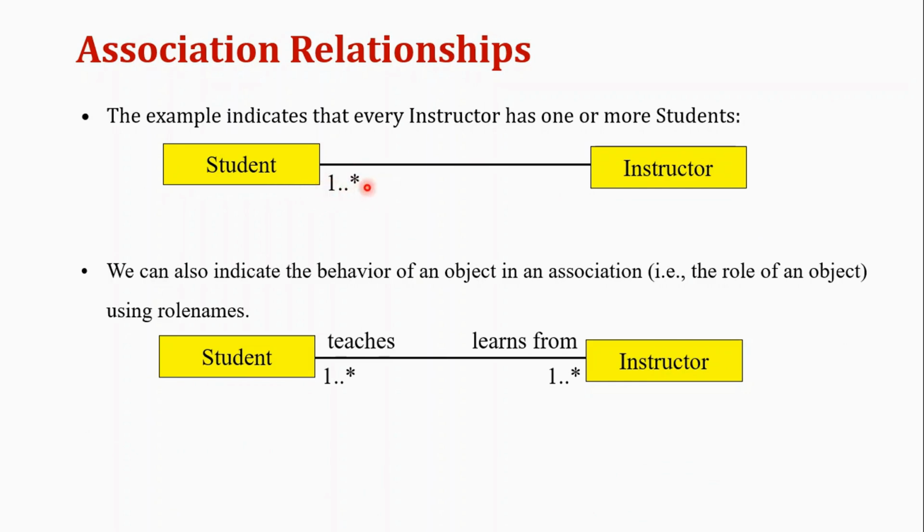This is also possible. An instructor teaches one or more students. A student learns from one or more instructors. So multiplicity between two classes is explained here with the multiplicity property, one to many.